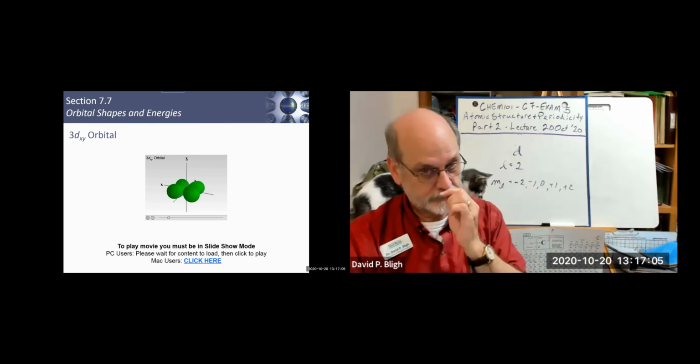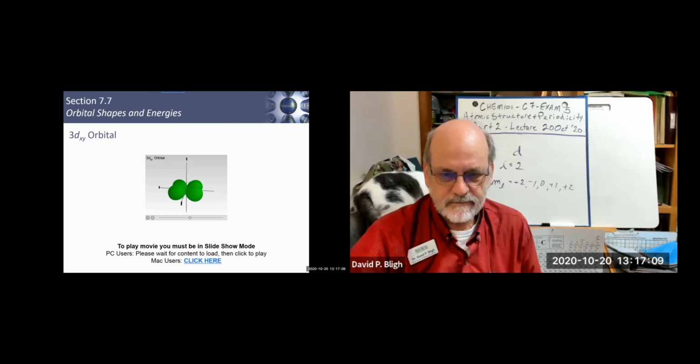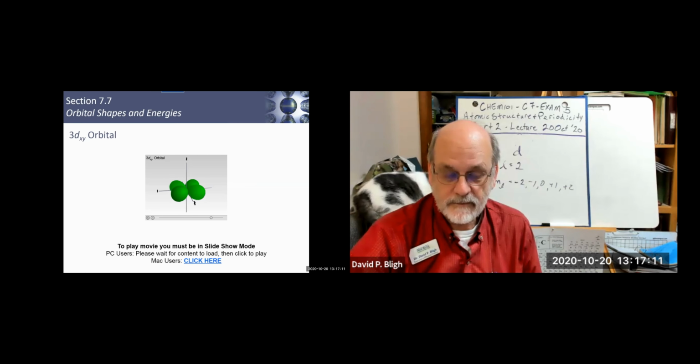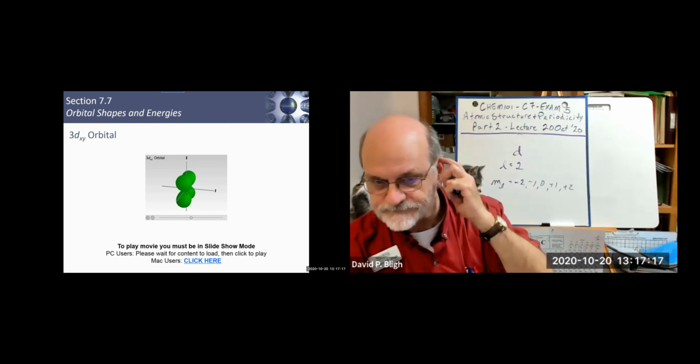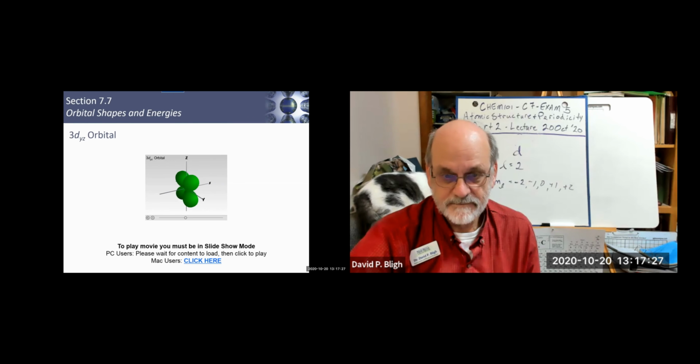The 3dxy orbital has a cloverleaf shape that lies in the xy plane and bisects the x and y axes. The 3dxz orbital has a cloverleaf shape that lies in the xz plane and bisects the x and the z axes. The 3dyz orbital has a cloverleaf shape that lies in the yz plane and bisects the y and z axes.